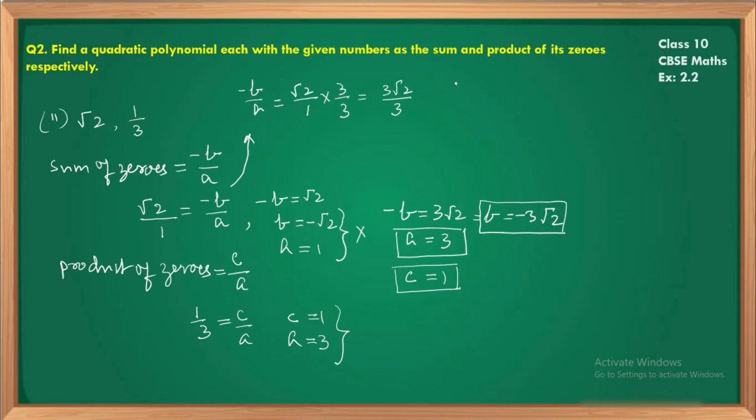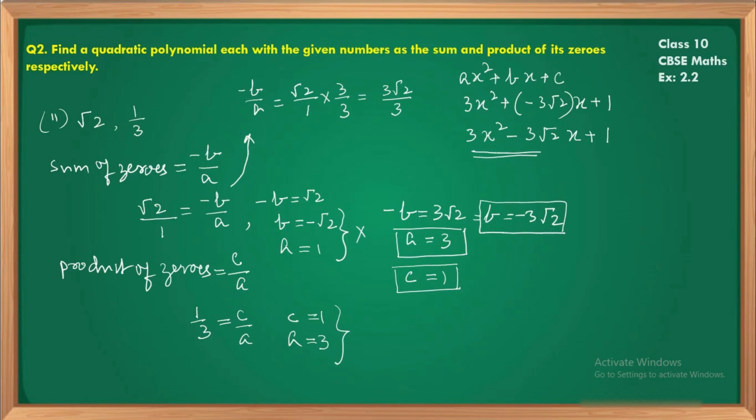Now we can form the equation, whose general form is ax square plus bx plus c, and in place of a you have 3x square plus b is minus 3 root 2 into x plus c is 1. Now this is equal to 3x square plus into minus is minus 3 root 2 into x plus 1. So this is the quadratic polynomial to question number 2.